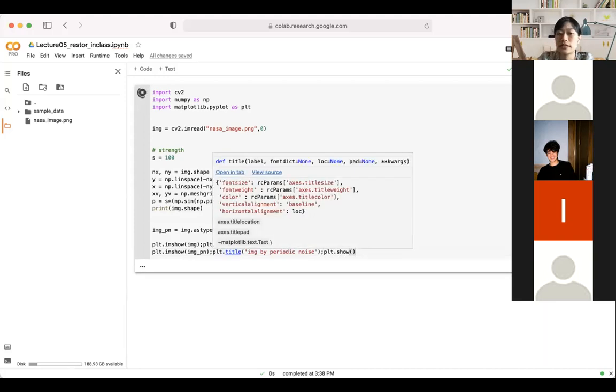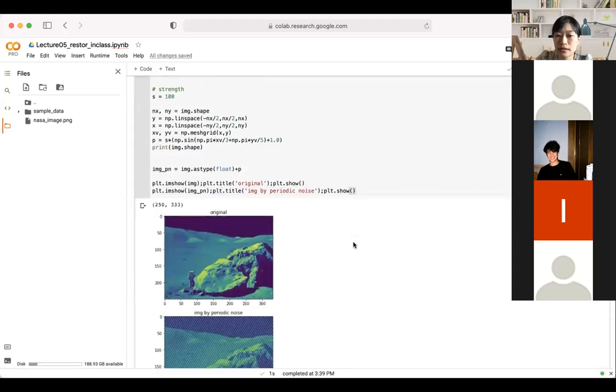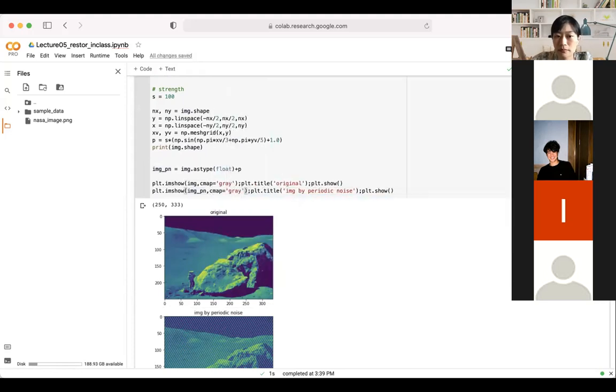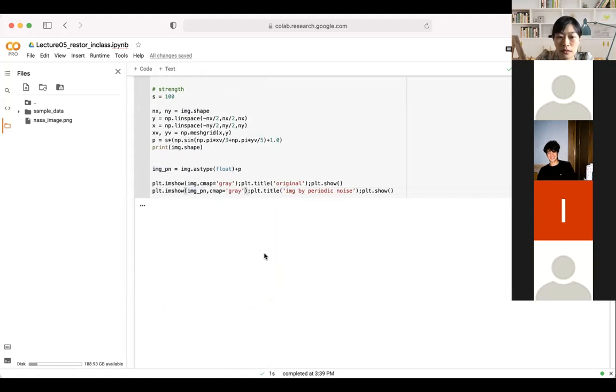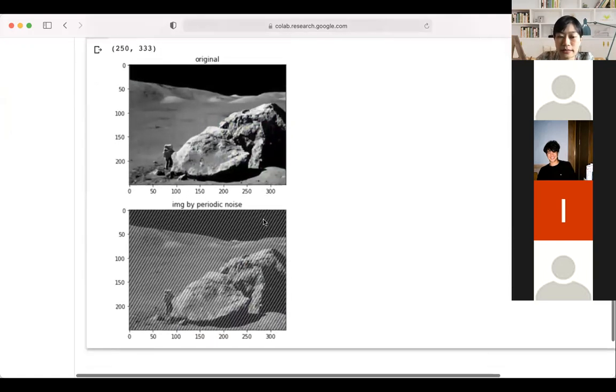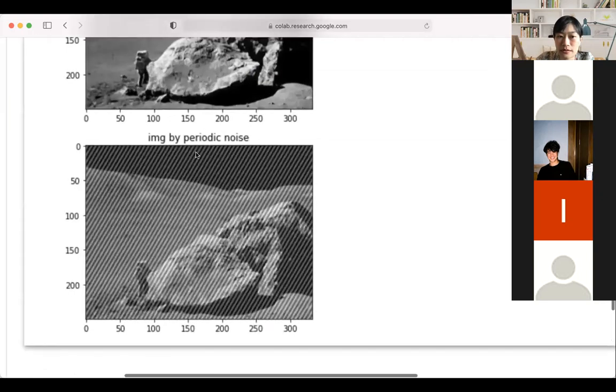Okay, let's see what it actually looks like. Okay, I'll change it to the familiar shade of grayscale. Yeah, so you probably see the image has been interrupted by the periodic noise.